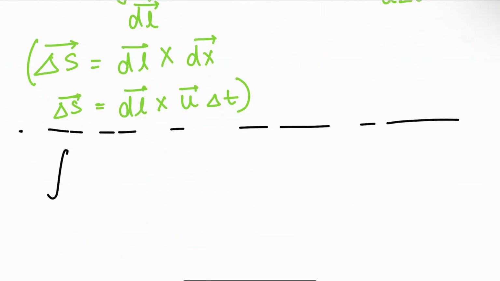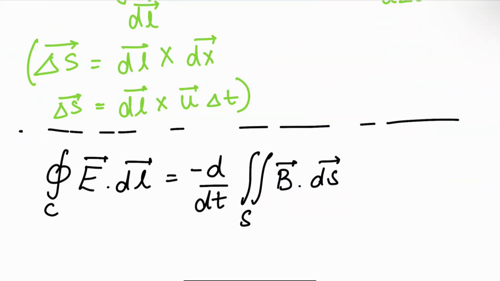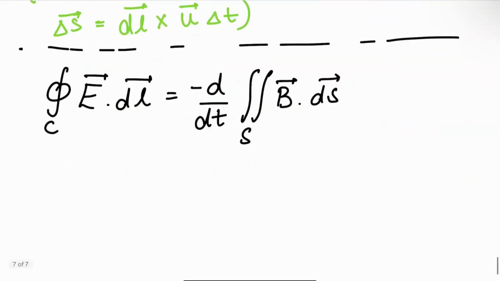So we start with the contour integral of E dot dl. So this is our Faraday's law, the general form, where the derivative is on the outside, of B dot dS. And we'll make a definition.